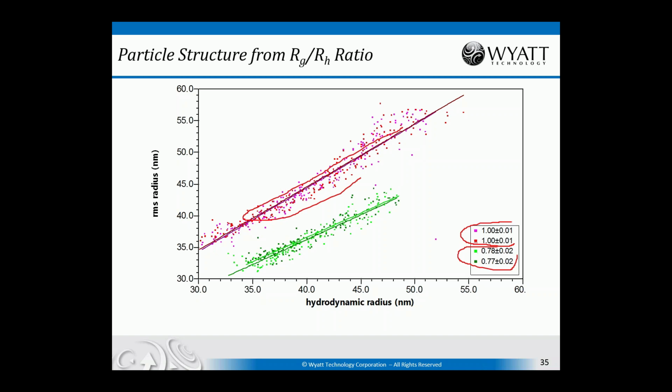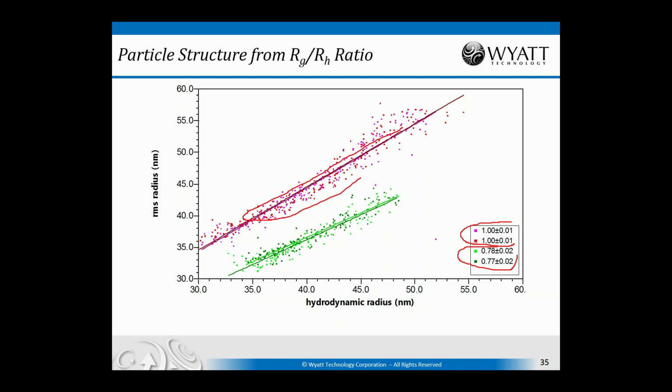Now, one of the questions that often comes up in the context of this example is, if we have a mixed population of filled and empty liposomes, can we characterize them? And the answer is, because the separation is based on RH, the hydrodynamic radius, those two populations will not separate.